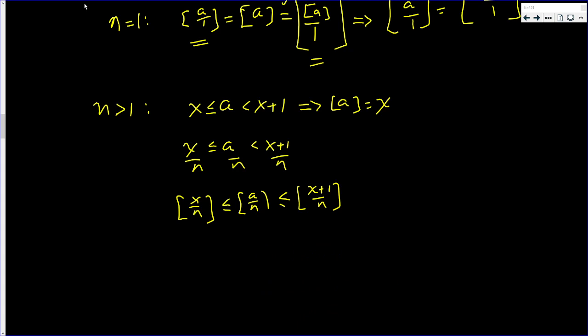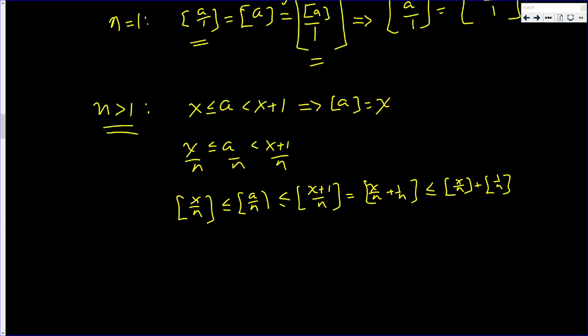Okay, now, this is the same as x over n plus 1 over n. And that's the sum. That's less than the integer of x over n plus the integer of 1 over n.